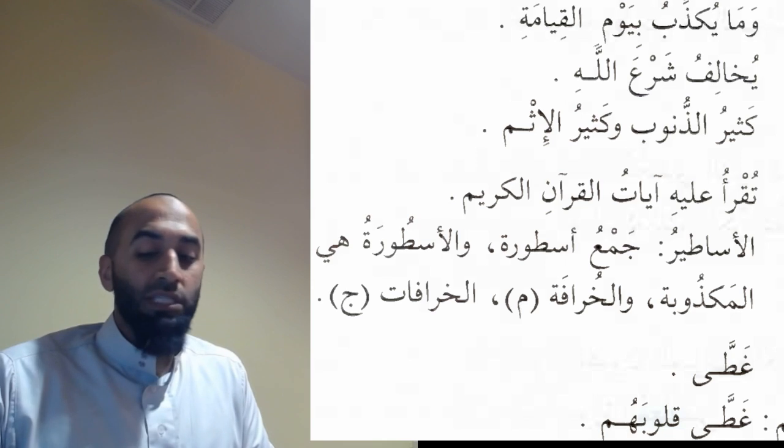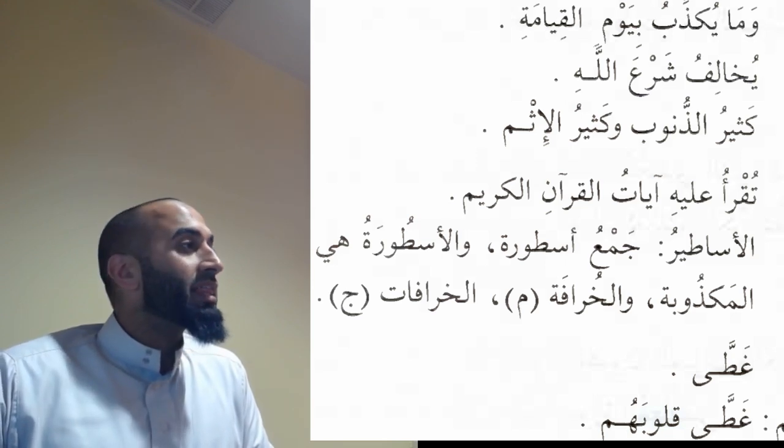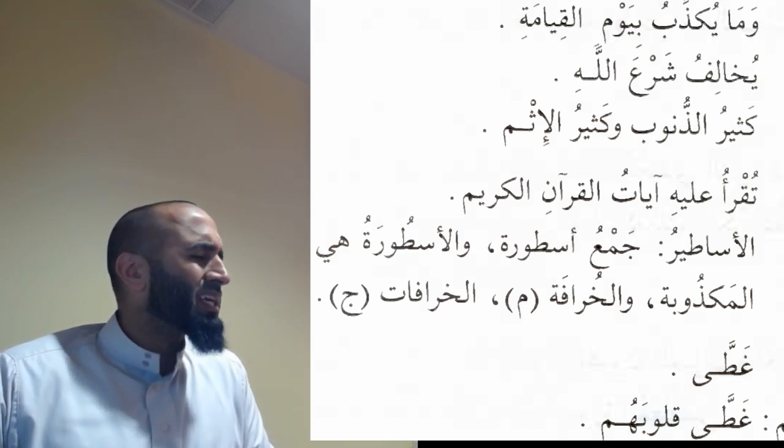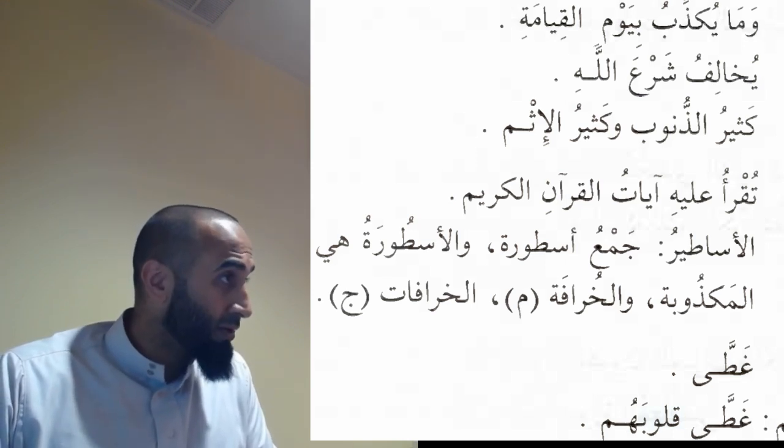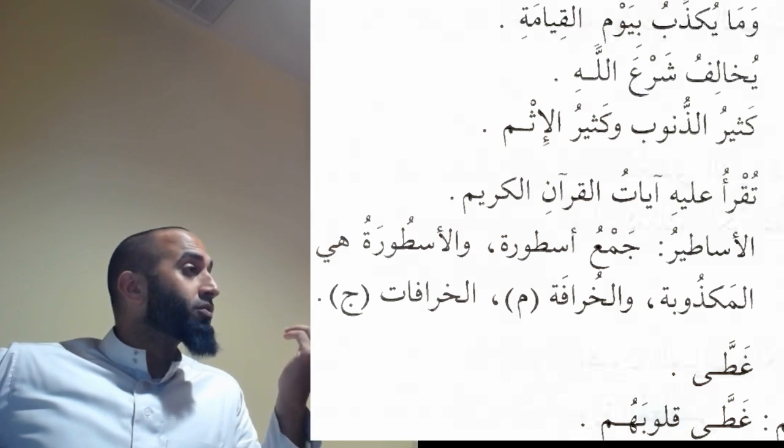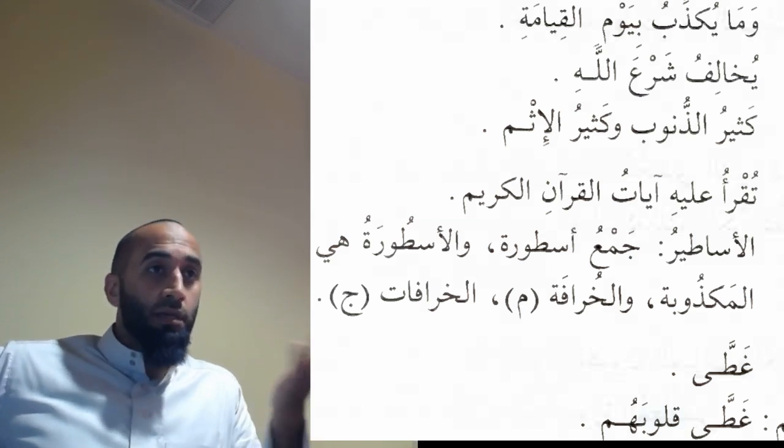The second description given to this person is athimun. What was that second word for sinner, besides mudnibun? Athimun is an exaggerated form of athimun. Read the definition for athimun, Mona. كثير الذنوب وكثير الإثم. It's a person who has a lot of sin, exaggerated with the addition of the ya.